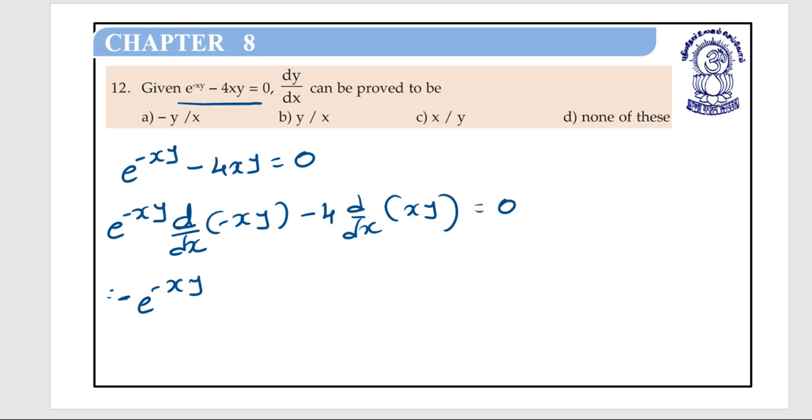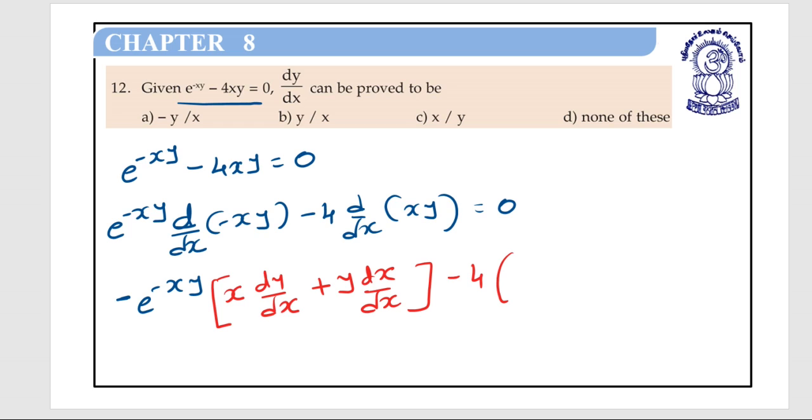So minus e raised to minus xy, x dy by dx plus y dx by dx, minus 4, x as it is dy by dx plus y dx by dx is equal to 0.